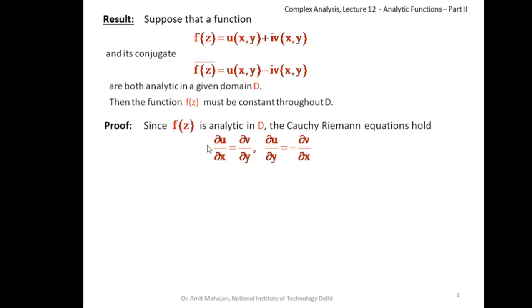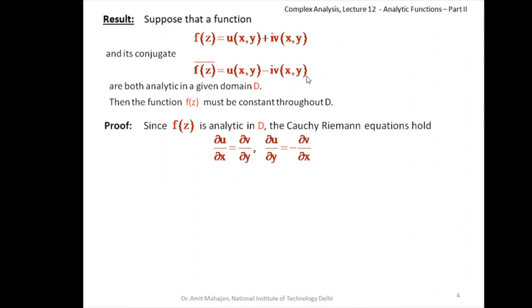What we mean here is that this first is for the function f(z). If f(z) is u plus iv, then the first result says that the real part x derivative, that is ux, is equal to the imaginary part y derivative vy. And the second says that the real part y derivative is minus the imaginary part x derivative.